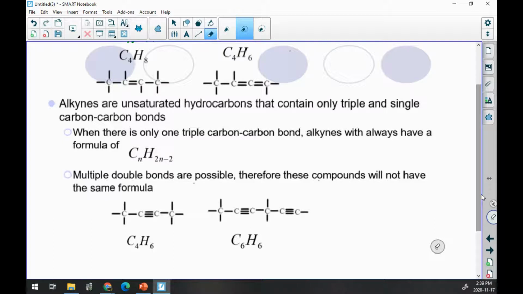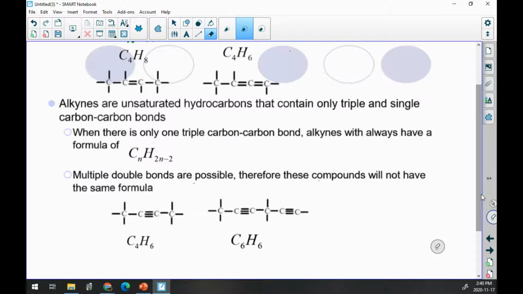Now this one here is a very, very unstable one, I would assume, but because I have 2 triple bonds, I have 8 fewer than I would normally have.